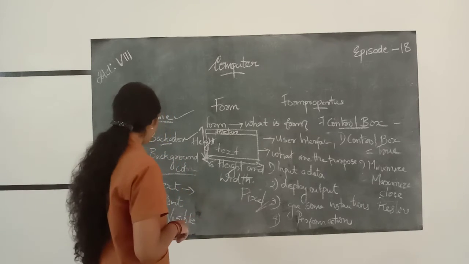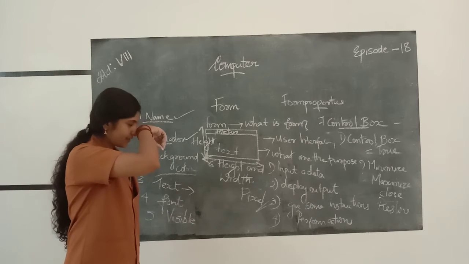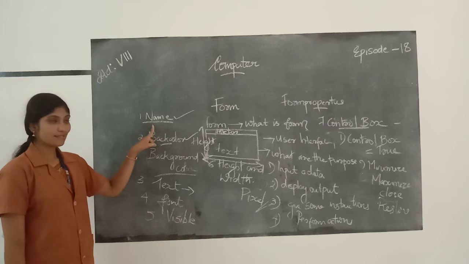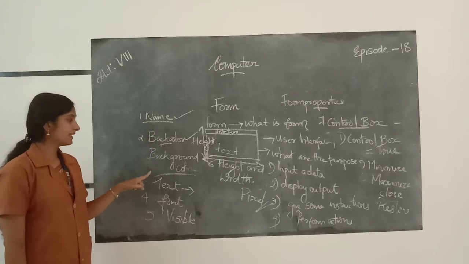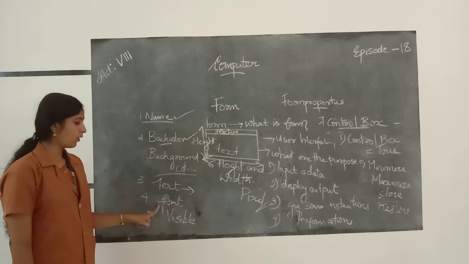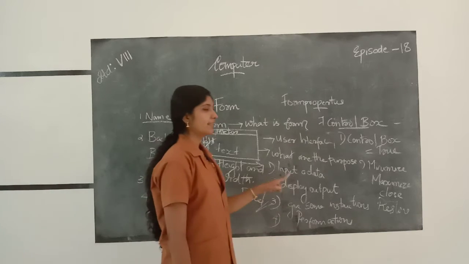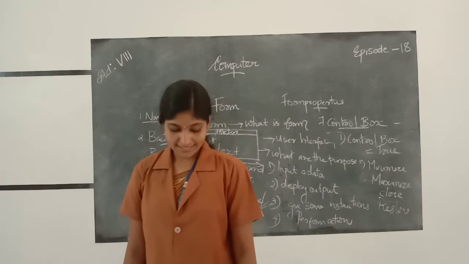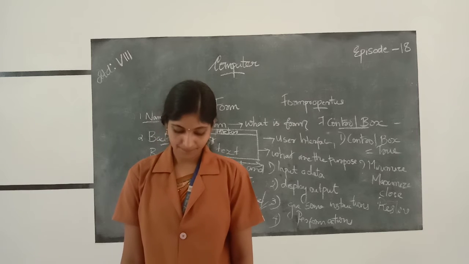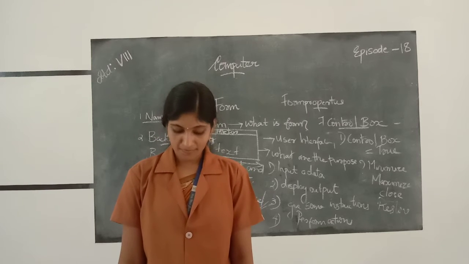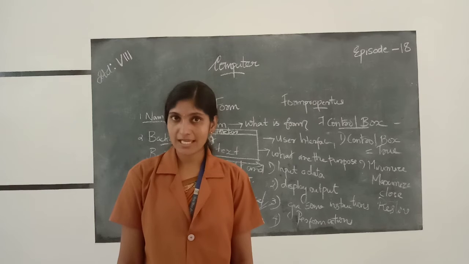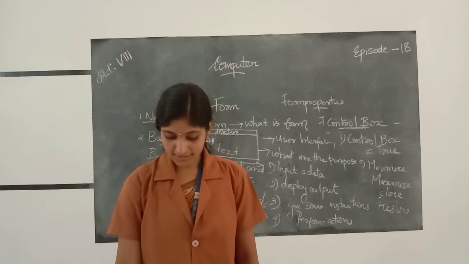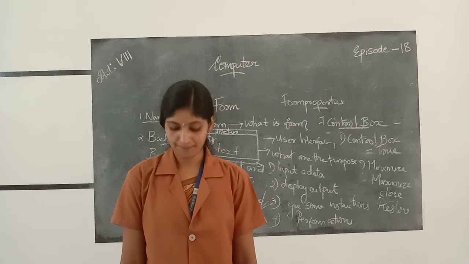Right? Okay. Now once again, what are the properties we have discussed? Name, back color, texture, font, visible, then height and width, control box. Next one is minimize box. Minimize box means you can disable or enable the minimize button by selecting the false or true value for this property.